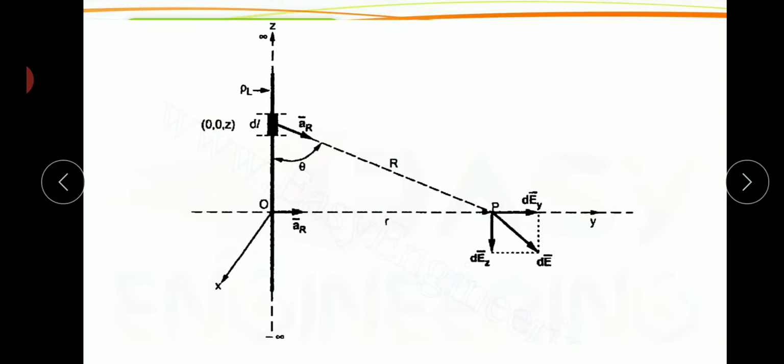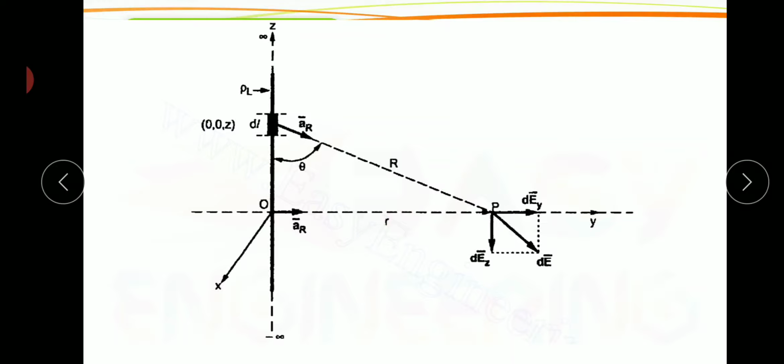So the coordinate point of dq is represented by 0, 0, z, and P is along the y axis, that means it has no coordinates along x and z, it has only coordinate along y axis, that is a small r.